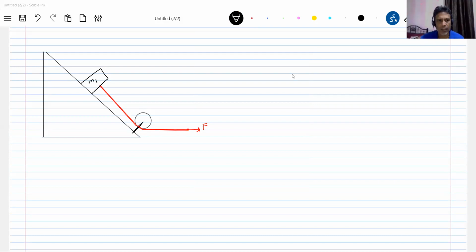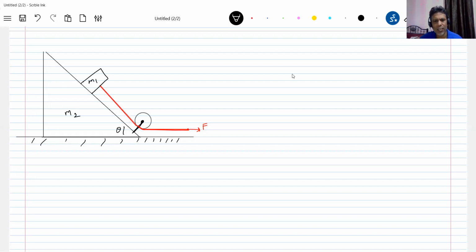Okay, now let's come to a slightly changed condition. You can see from here. Now again the same thing: you have to find the acceleration of the block and the wedge.